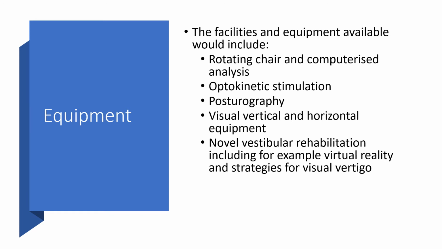They may want to equip their centers with things like a rotating chair with computerized analysis, optokinetic stimulation, posturography, a machine to test for visual vertigo, or they may have novel vestibular rehabilitations, including, for example, virtual reality and other strategies for visual vertigo.